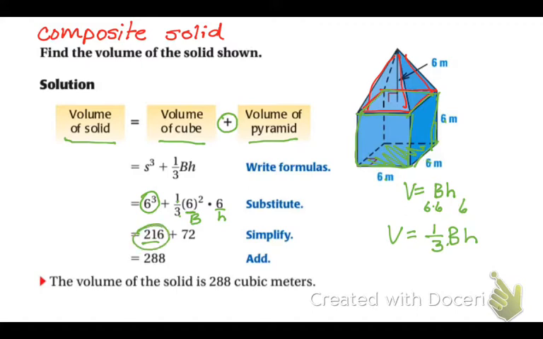Okay, just to reiterate here, here's the pyramid. Here's the prism, the rectangular prism. So we add them together, and the volume of the whole thing is 288 cubic meters.